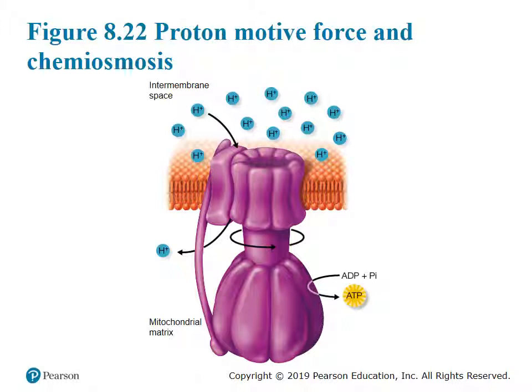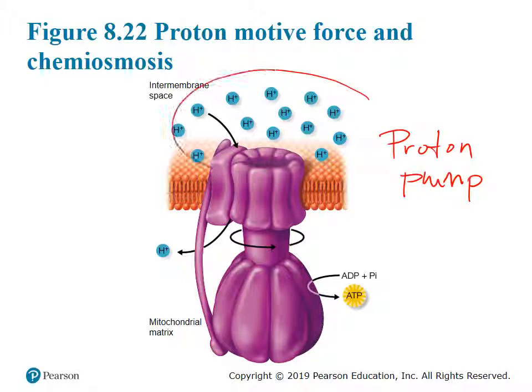This is our proton pump. We call it a proton pump because these are in fact protons, positively charged molecules. As you see here in the arrow, they go straight through from one side of the plasma membrane to the other.